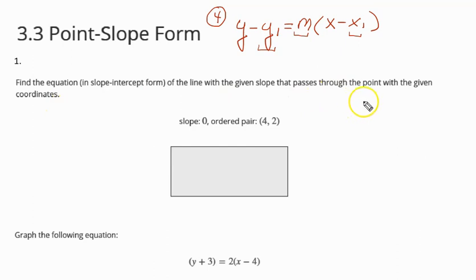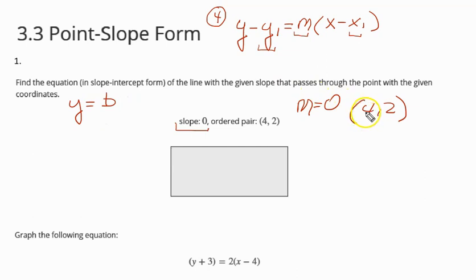So here you have the coordinates 4, 2, and the slope is 0. Well, here you have to reach into your toolkit and say, what is the formula for all equations that have a slope of 0? And if you said y equals b, that is correct.